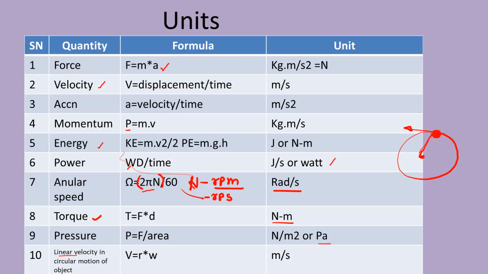Suppose this is the radius of that circular path, its angular velocity is omega, and v is the linear velocity. So that relation is v is equal to r into omega. The unit is the same for linear velocity, meter per second. Or we can write omega is equal to v upon r. So these are some basic units.